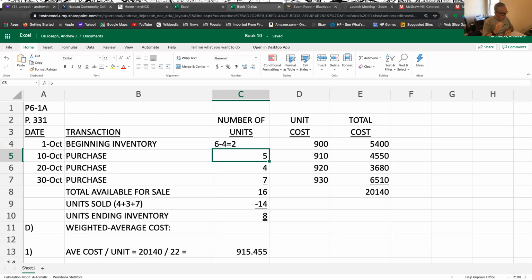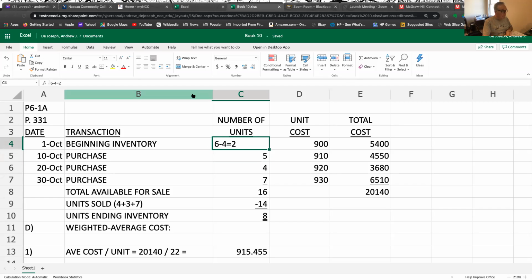I'll say that again. The beginning inventory consisted of 6 units. The October 4th sale, we sold 4 of those units. So how many of those do we have left? We have 2 units left. Right? We have 2 of those units left. The October 13th sale consists of 1 purse from beginning inventory.